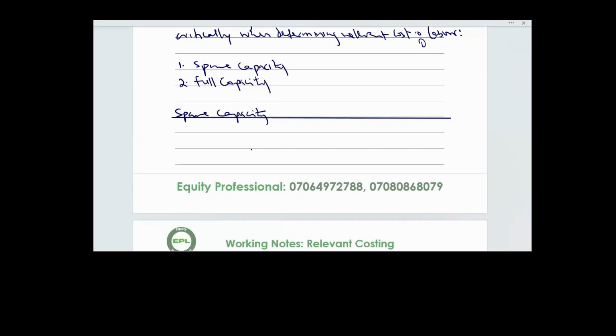What are the key things that you need to consider? There are just two line items that are very critical for determining relevant cost of labor. The first one is spare capacity, and two is full capacity.